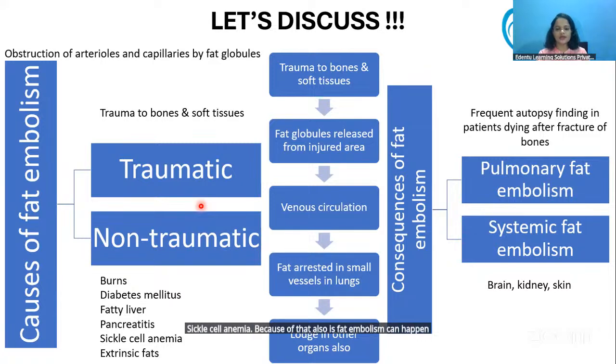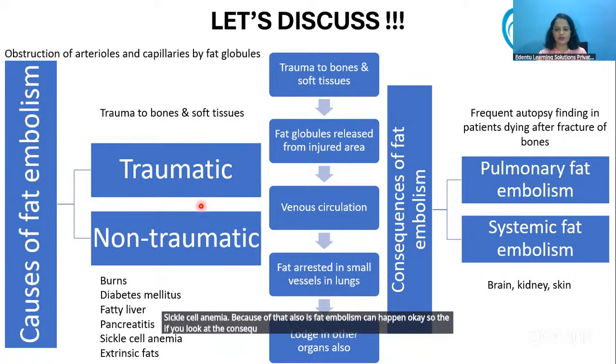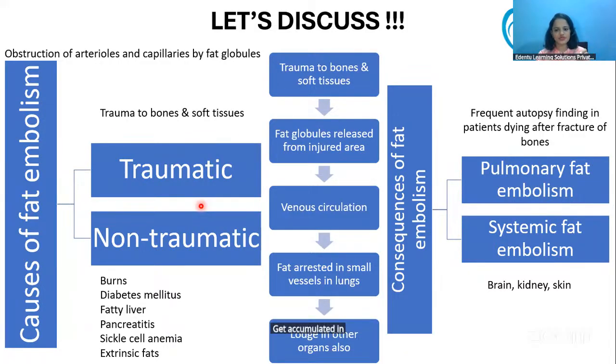If you look at the consequences of this fat embolism, usually it can create a pulmonary fat embolism. Like I had already mentioned, the fat globules will go and get accumulated in the pulmonary tree, which will result in the pulmonary fat embolism.